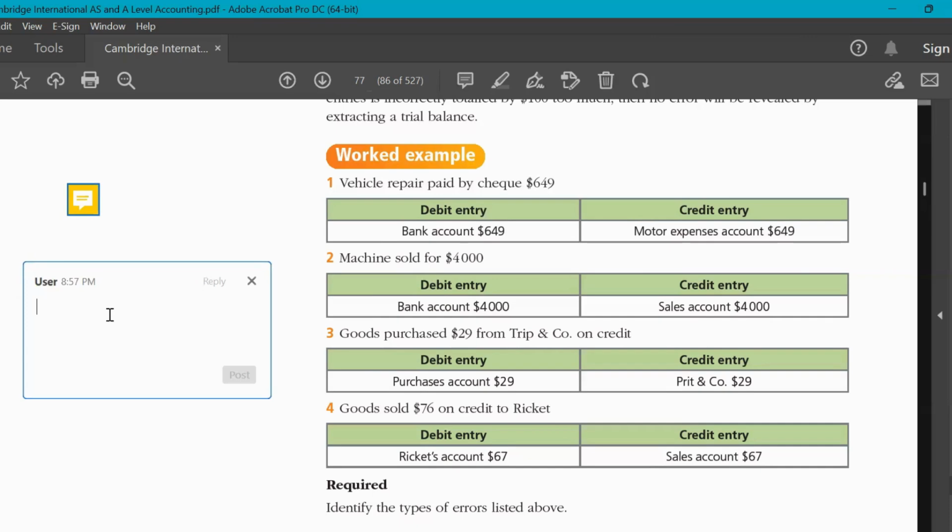Because again, machine sold for 4,000, debit entry. What will be the correct entry? The correct entry will be bank should be 4K. But what about the credit entry? Okay, the credit entry should be machine. Okay, why?